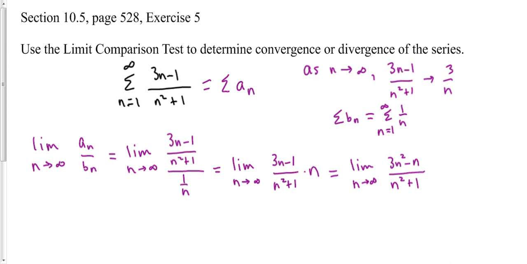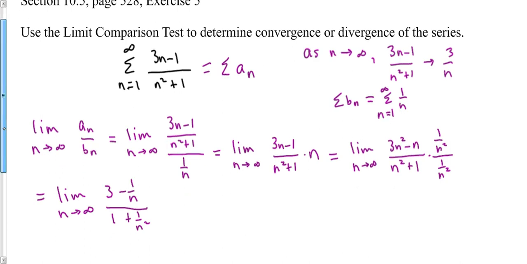While I could use some n behavior modeling here to solve this limit, just to make everything clear, I'm going to divide both the numerator and the denominator by n squared. So that would be 1 over n squared times 1 over n squared. That's going to give me the limit as n goes to infinity of (3 minus 1 over n) divided by (1 plus 1 over n squared).